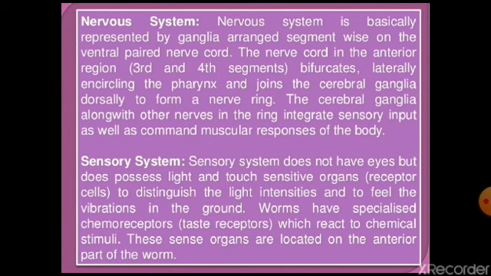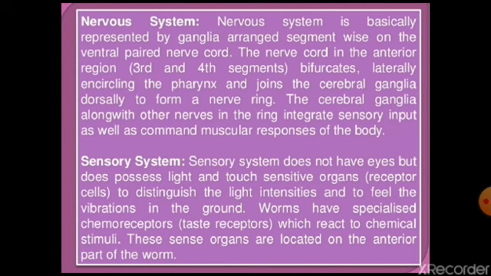The nerve cords in the anterior region, that is third and fourth segment, bifurcate, that is divide laterally, encircling the pharynx, that is get coiled around the pharynx, and join the cerebral ganglia dorsally to form a nerve ring. The cerebral ganglia, along with other nerves in the ring, integrate sensory input as well as command muscular responses of the body.